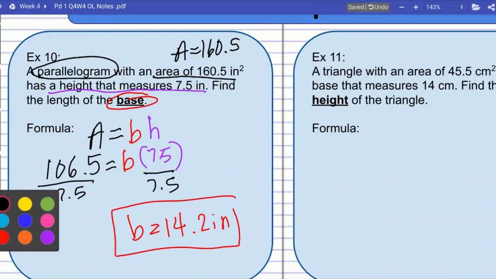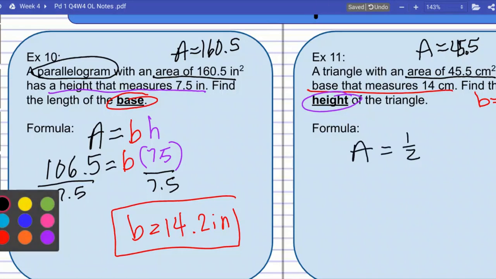And on example 10, we are given the triangle has an area of 45.5. And we know the base has a measure of 14. Let's find the height of the triangle. So the area formula for a triangle is 1/2 the length of the base times the height of the triangle.